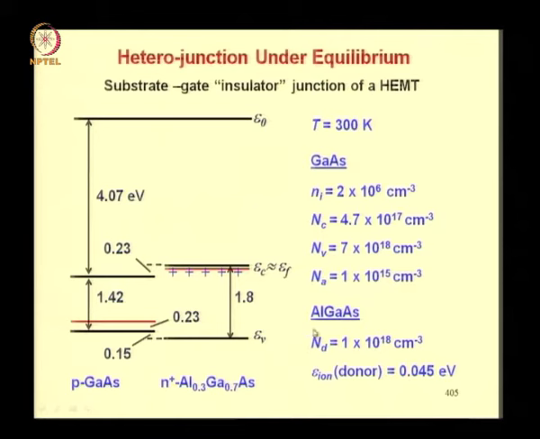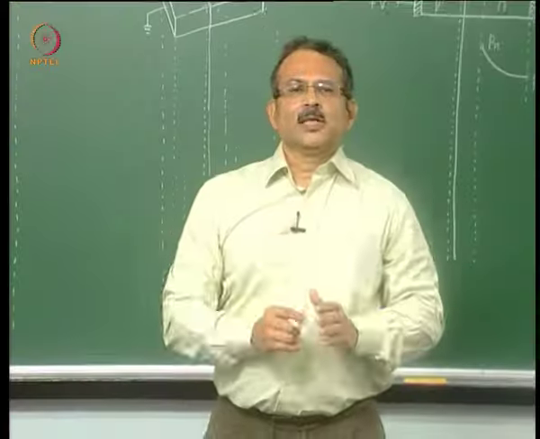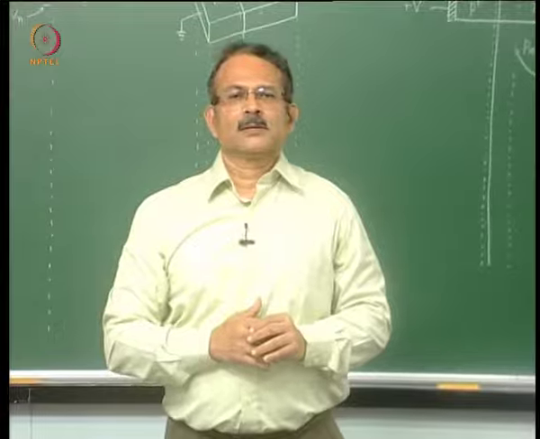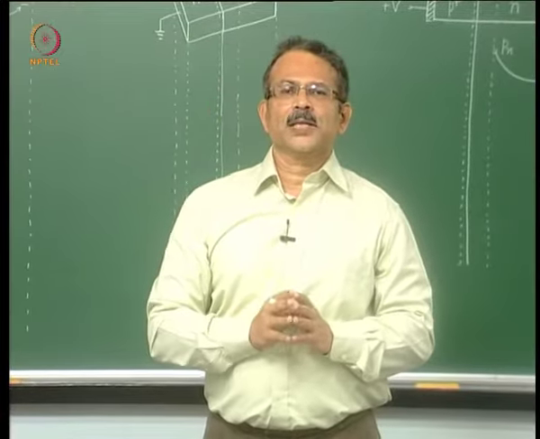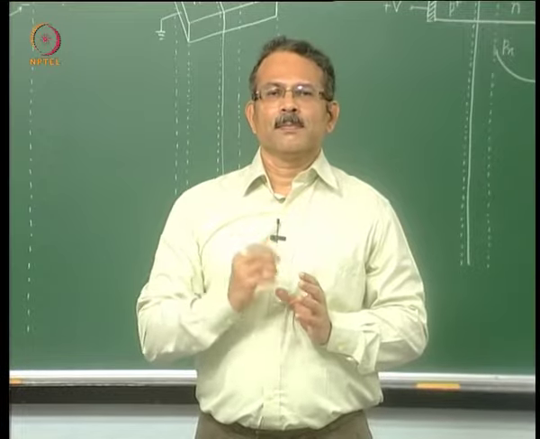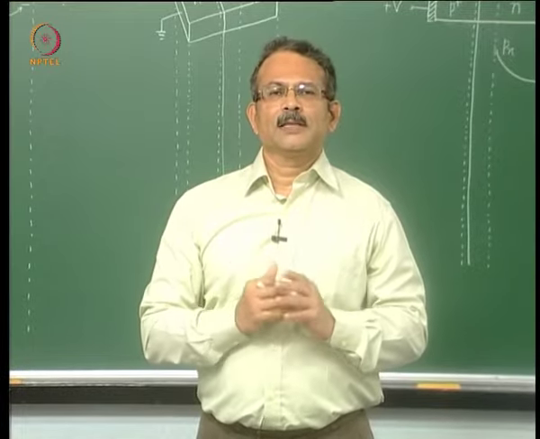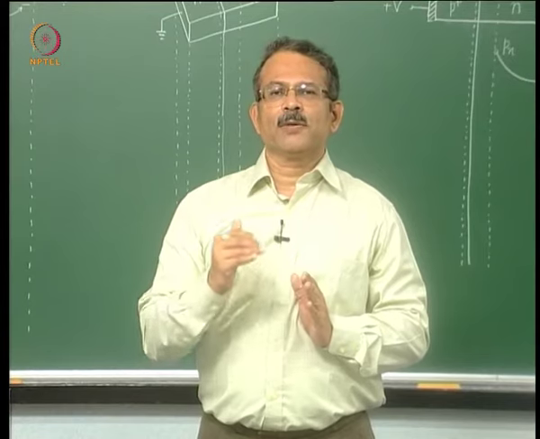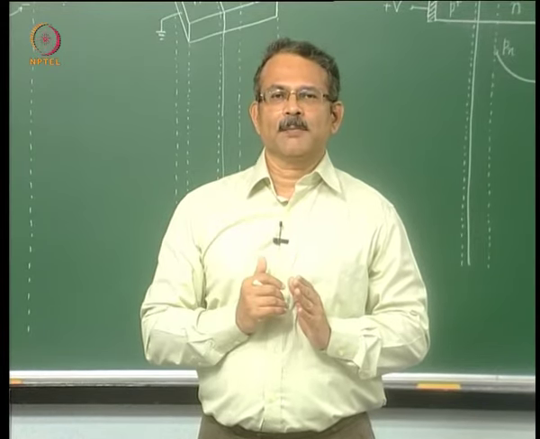You will need both these values to locate the Fermi level, because this is a heavily doped region, the ionization energy becomes important. So you will have to use the George-Diskin approximation and the partial ionization term, right, in the charge balance equation to determine the location of the Fermi level on the heavily doped N side.